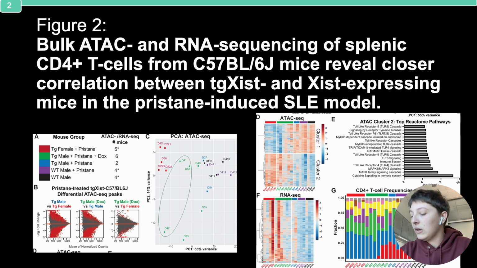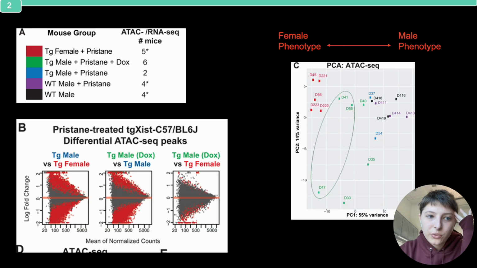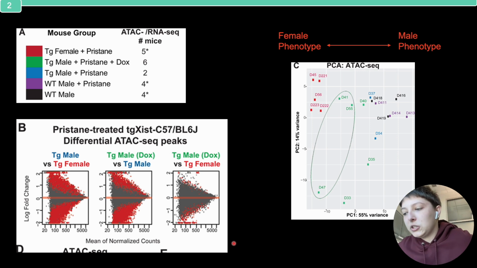Okay, figure 2. This is going through the sequencing that we mentioned earlier, so let's go through each of the figures individually. Here, A is just to sort of organize your thoughts, it's just the different cohorts. And so B is an MA plot, which is log ratio and mean average.